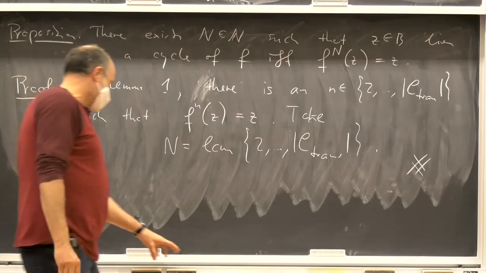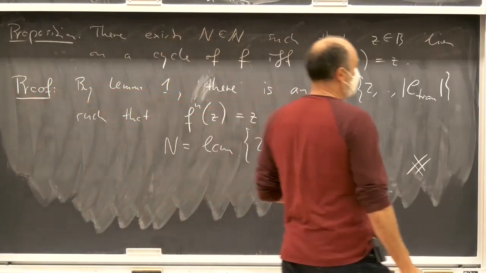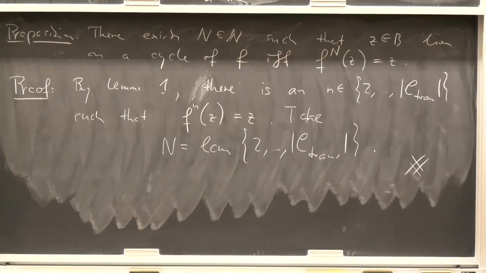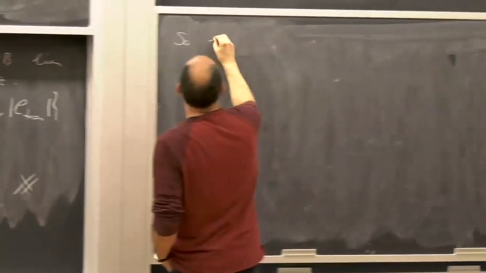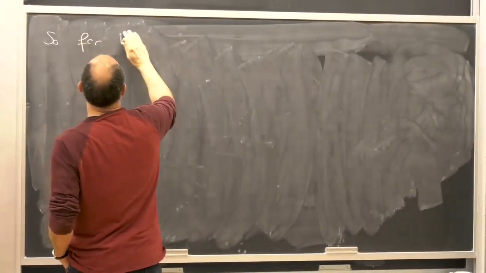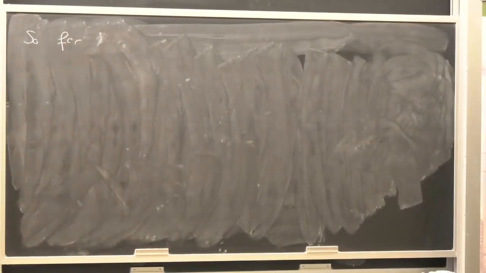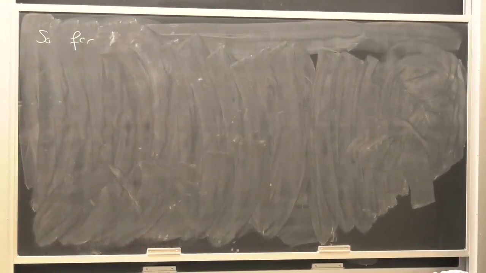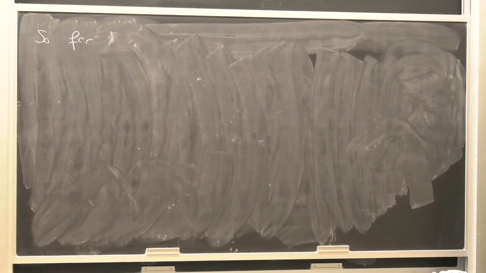So in other words, F can define all the points in B. I'm just going to look at each of these cells.